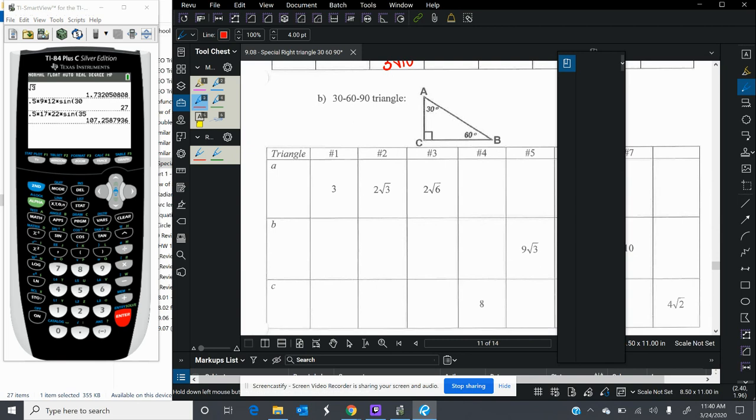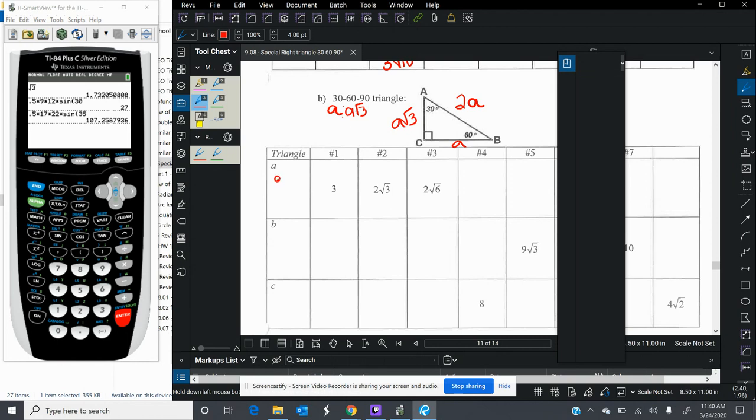Number 2, remember, little a is going to be across from the 30 degree angle. And let's say it like this. A square root of 3 is going to be across from your 60 degree angle. And across from little c is 2a.